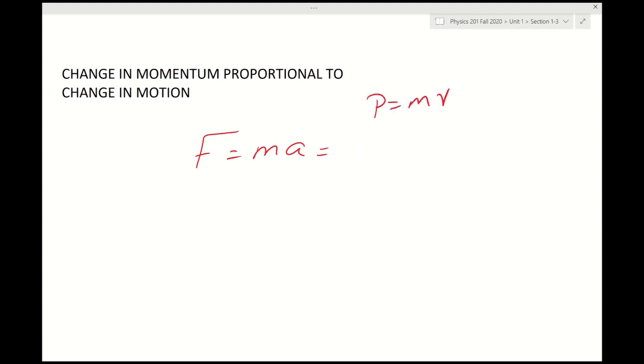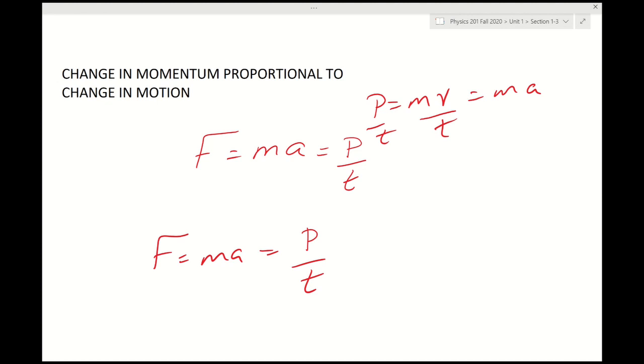A change in momentum would be P over T, which is in fact what you would get if you divided both of these by time. So F equals ma, which is equal to P over T, is essentially what you're looking at for Newton's second law. Newton's third law, we'll talk about in just a second.